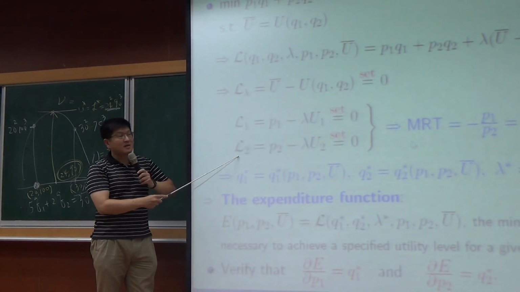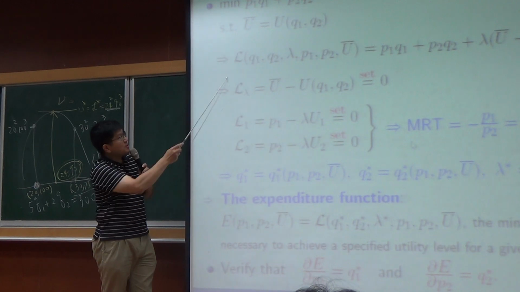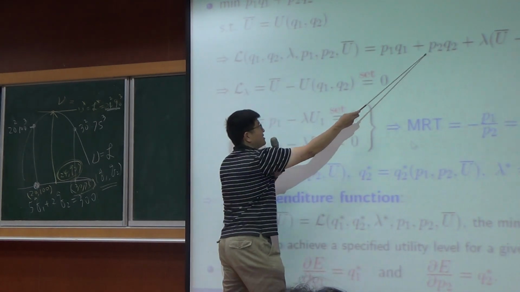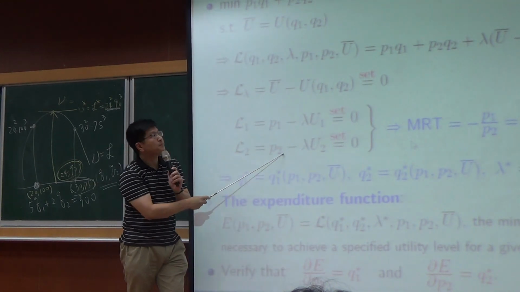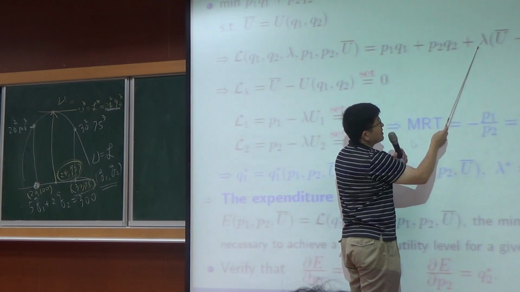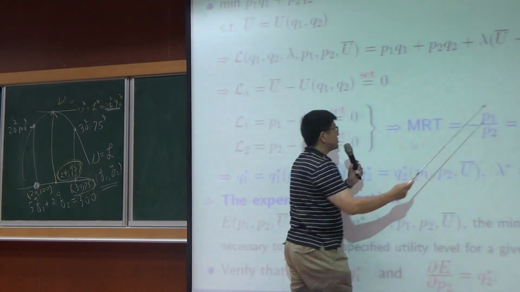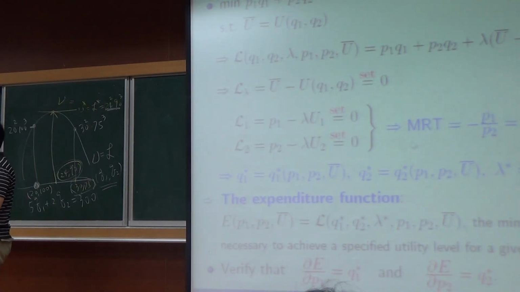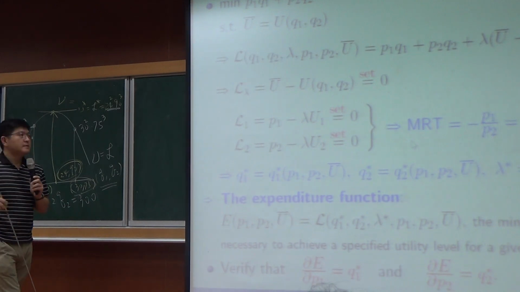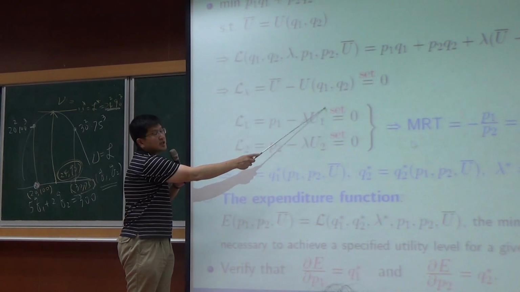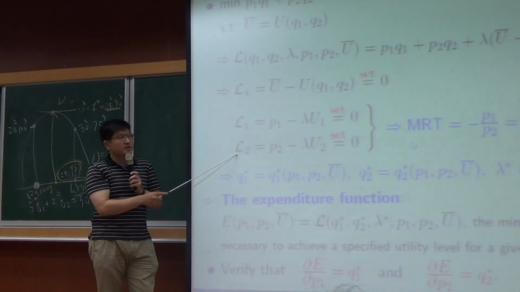And the third would be differentiating the Lagrangian with respect to q2. We have a q2 here, so we have p2 left. We have another q2 here, so we have a negative lambda and u2. Alright? And we may utilize the last two equations.